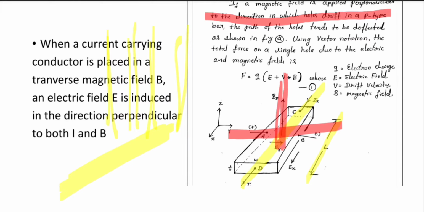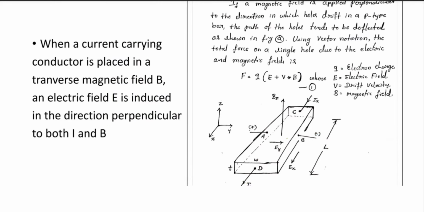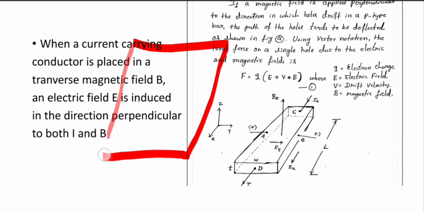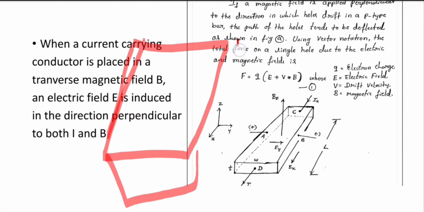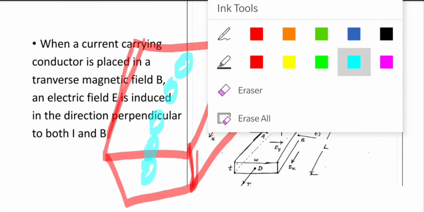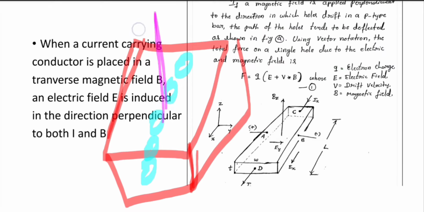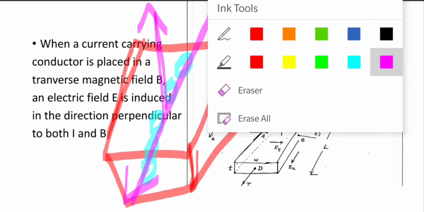So if I am drawing this, currently holes are moving like this. When it is placed in a transverse magnetic field, the previous direction of holes is like this, then these holes will get deflected.